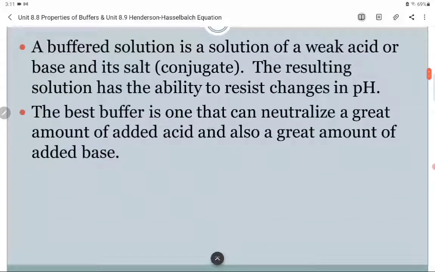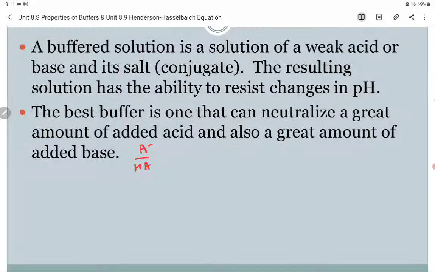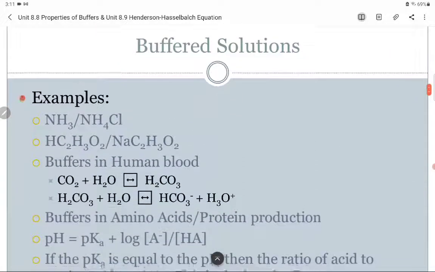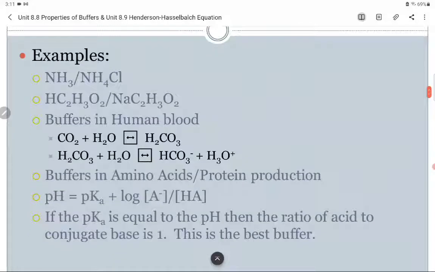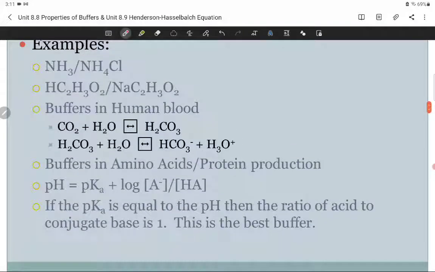So we've talked about buffers a number of times. The best buffer is something that's going to have lots of A minus and lots of HA. You need those two components to be able to neutralize acids or to neutralize bases. Here is a good example of a buffer. Ammonia, by the way, comes in a solution, and ammonium chloride comes in a dried form.